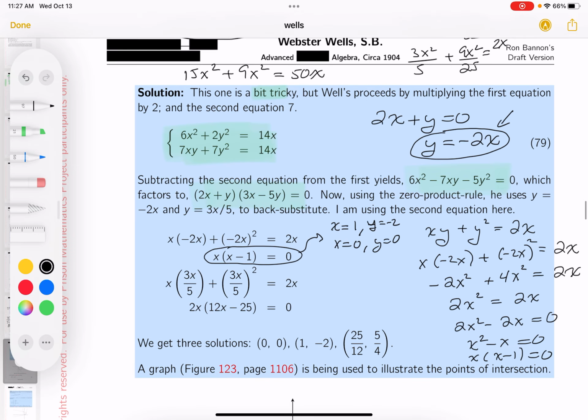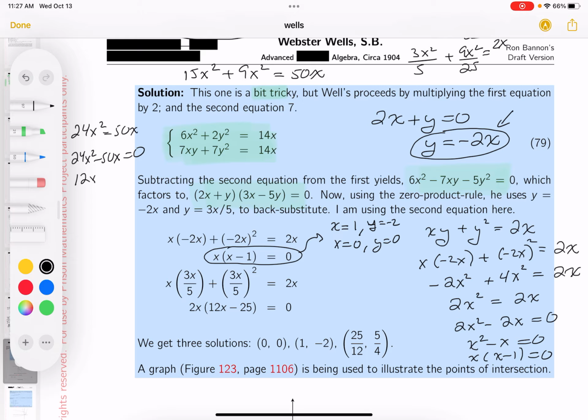I got to keep plowing through it. And what do you get there? You're going to get 24x squared equals 50x. 24x squared minus 50x equals 0. I'm going to divide by 2.